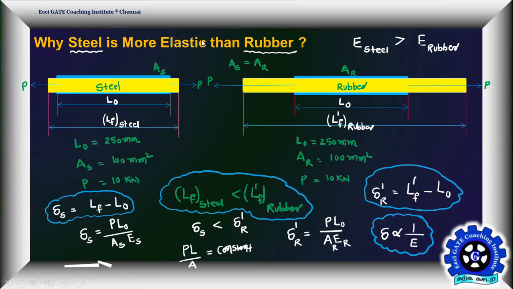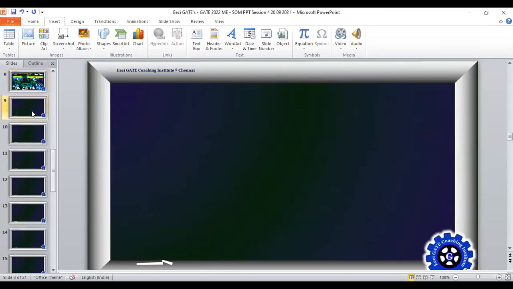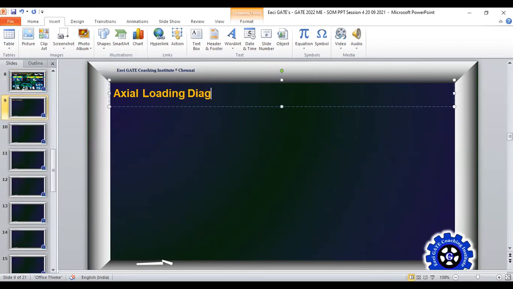Next, axial loading diagrams. Reading axial loading diagrams means ALD. Axial loading diagram means ALD. Write down the objective.